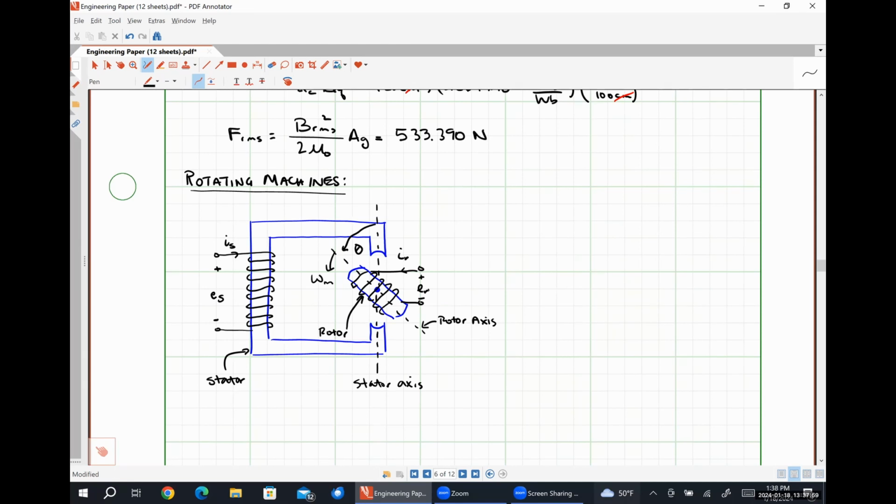So for example, if the voltage that's applied across our stator terminals is an AC voltage, and we induce an AC voltage in our rotor, that's what's called an induction motor. If we apply an AC voltage to our stator and apply a DC voltage to the coil on our rotor, then we have what's called a synchronous machine.